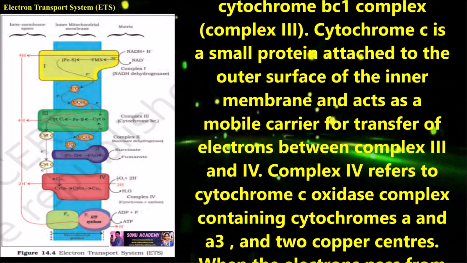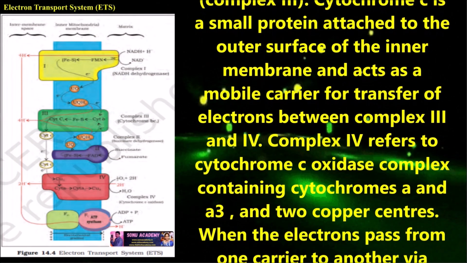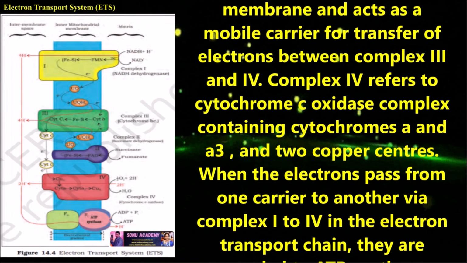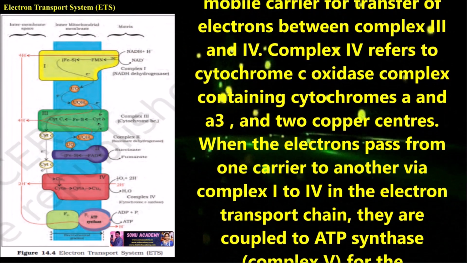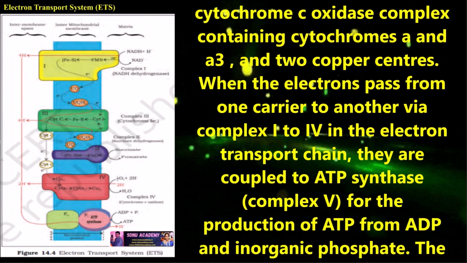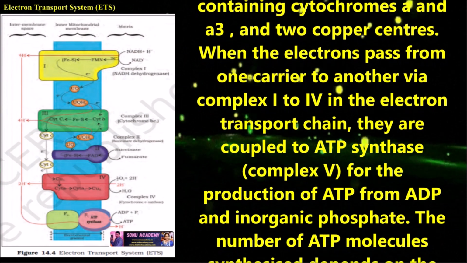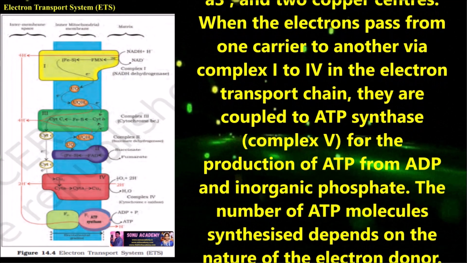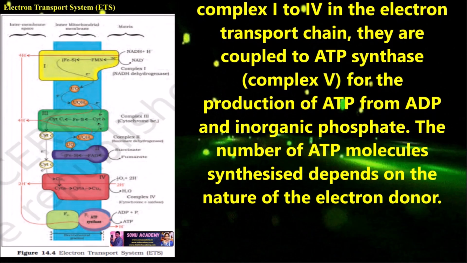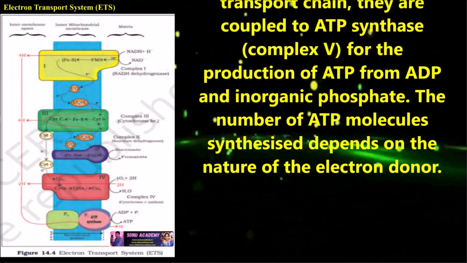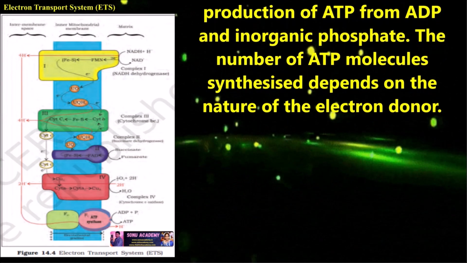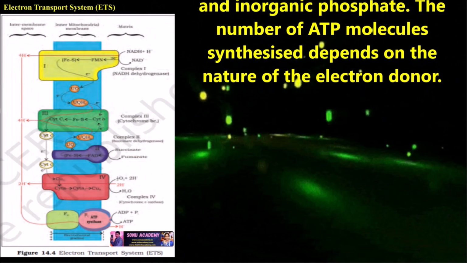Cytochrome C is a small protein attached to the outer surface of the inner membrane and acts as a mobile carrier for transfer of electrons between complex 3 and 4. Complex 4 refers to cytochrome C oxidase complex containing cytochromes a and a3 and 2 copper centers. When the electron passes from one carrier to another via complex 1 to 4 in the electron transport chain, they are coupled to ATP synthase for the production of ATP from ADP and inorganic phosphate.